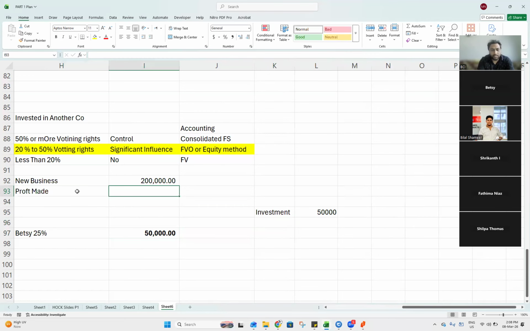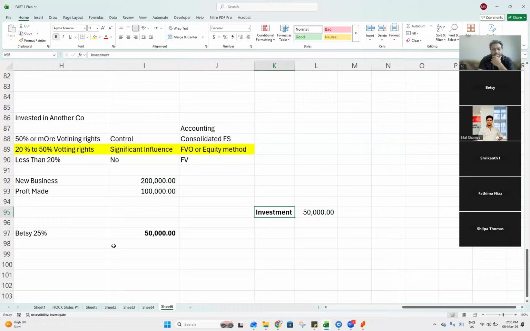And this year, my company made a profit of 100,000, for example. Now, if you decided to stop doing business with me, how much money will you take from me? You don't want to be a partner with me. Will you take 50,000 and go? No. How much will you ask?